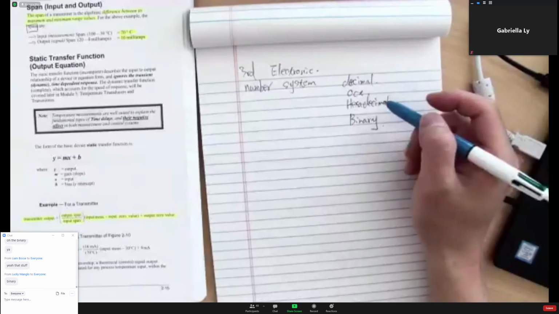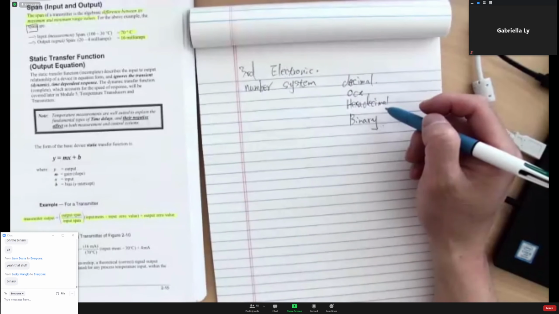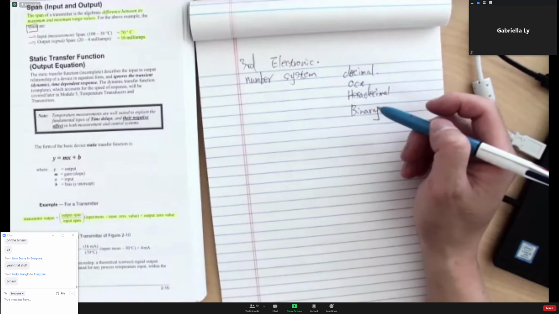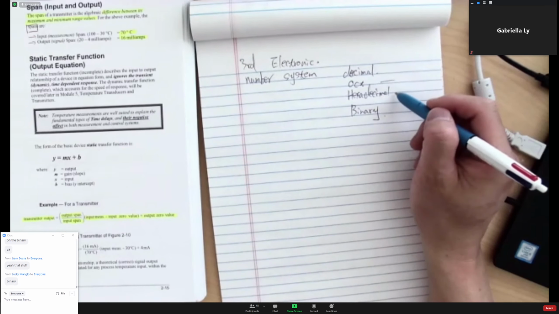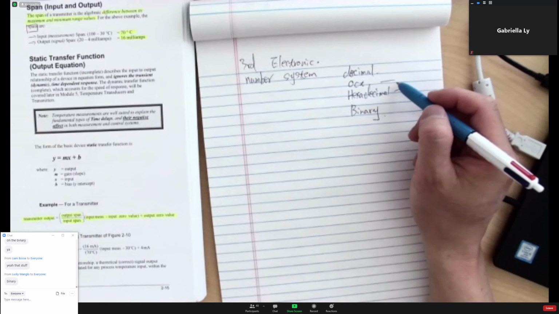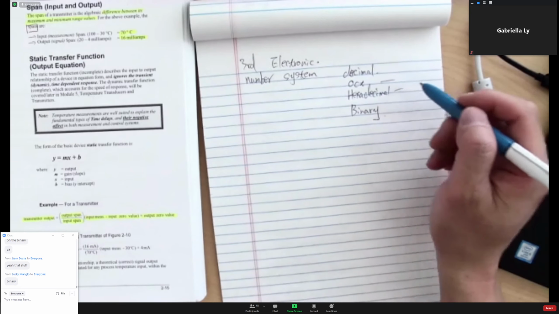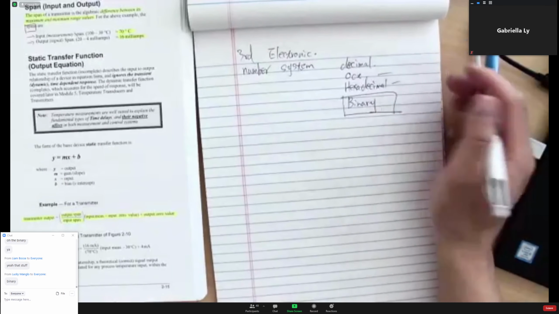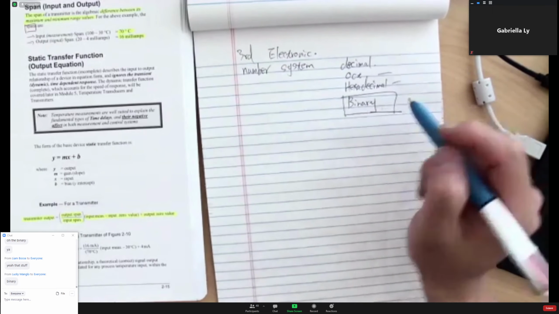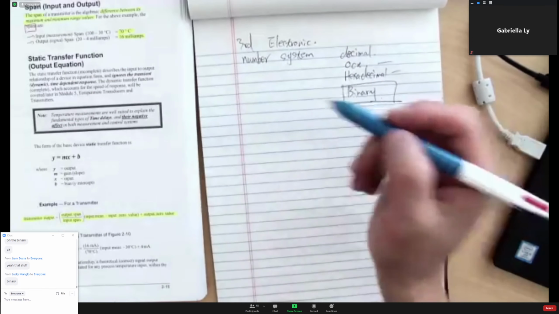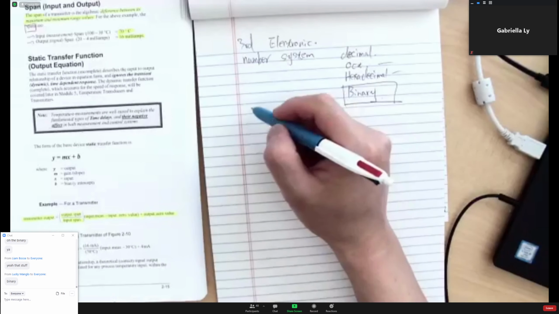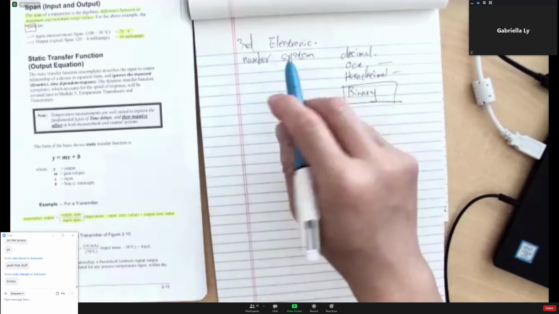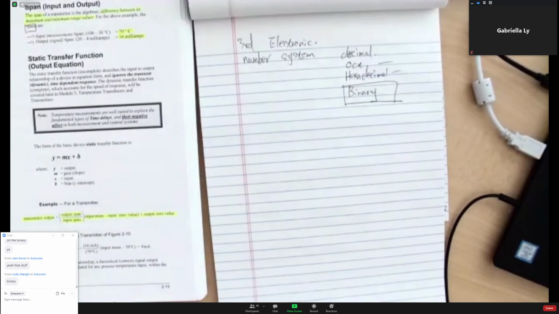Octal and hexadecimal, maybe when you do electronics, you'll have a review on that. In our automatic control we care about binary, because in a computer or in a storage device, everything is stored in binary.